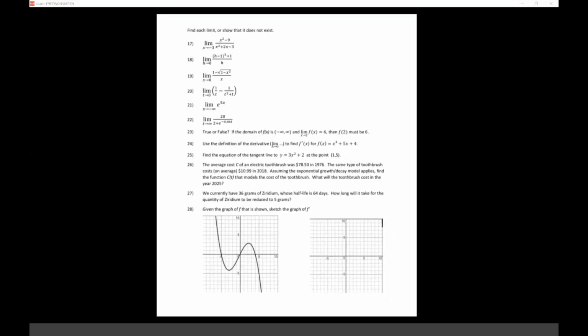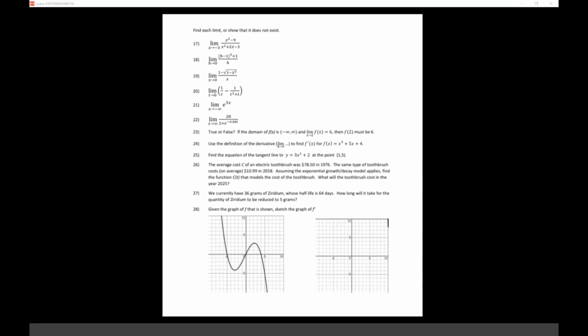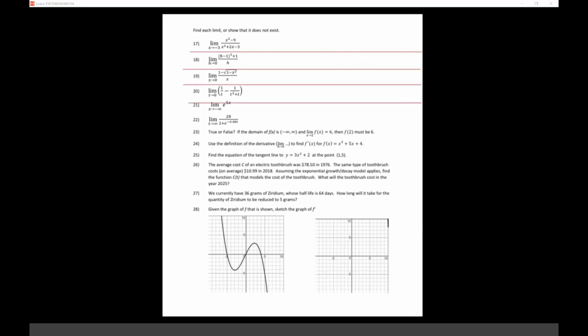So I have a symbolic rule for a function. This is like saying the limit as x approaches -3 of f(x). And what's f(x)? f(x) is this rational function. If I want to do these algebraically, let me first put dividers in between these problems, and then try to do the work in between.